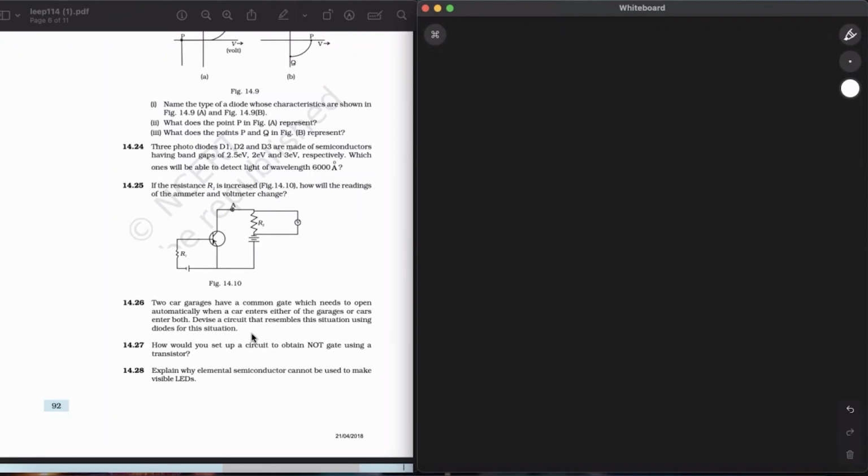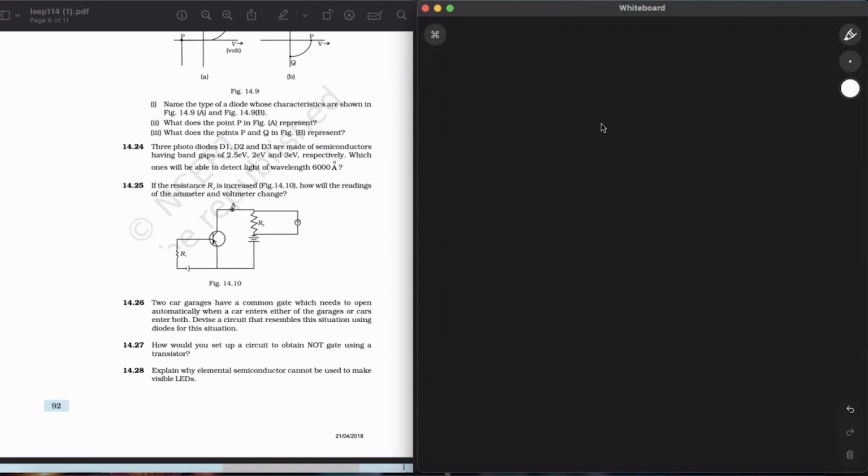Wavelength equals 6000 into 10 raised to the power of minus 10 meters. So the energy falling on it will be 6.6 into 10 raised to the power of minus 34 (h) into 3 into 10 raised to the power of 8 meters per second (c), divided by lambda, which is 6000 into 10 raised to the power of minus 10, into 1.6 into 10 raised to the power of minus 19, in electron volts.